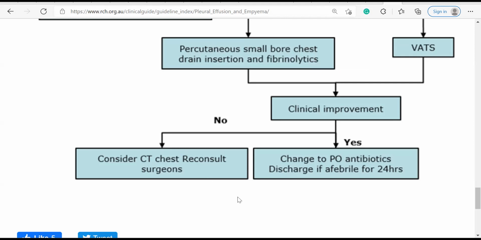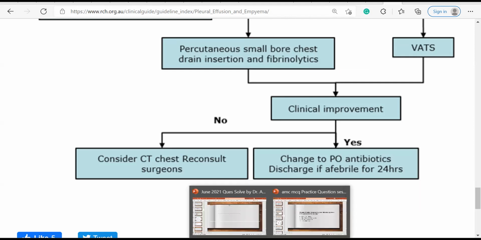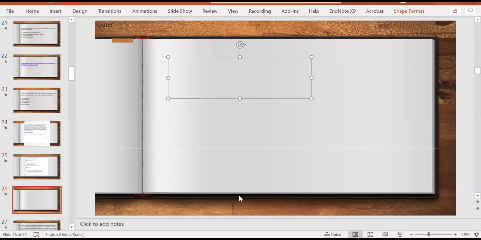Good. Now let's say we have got a 2-year-old child. Let me give you a scenario.